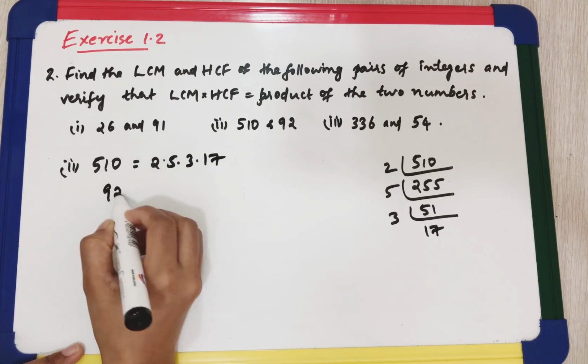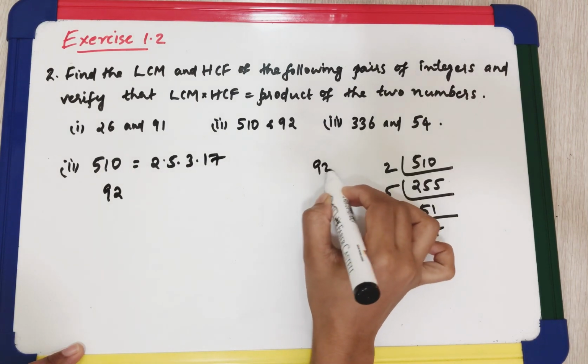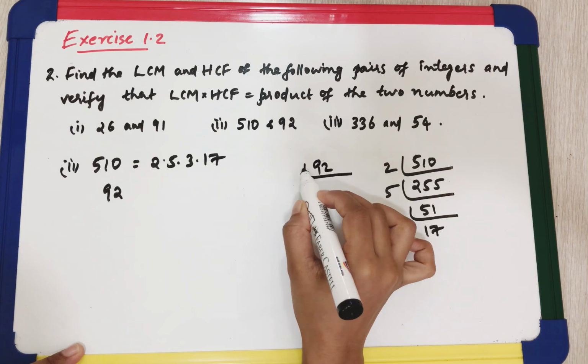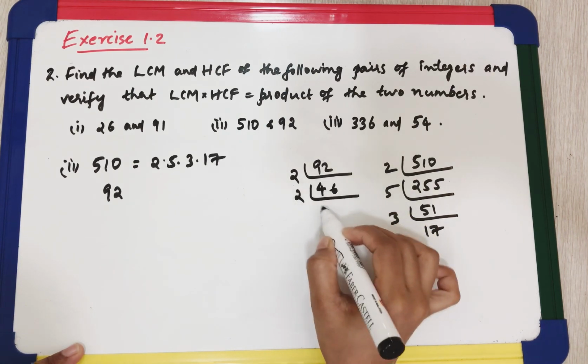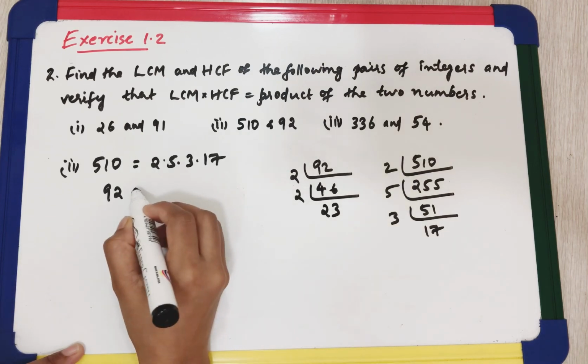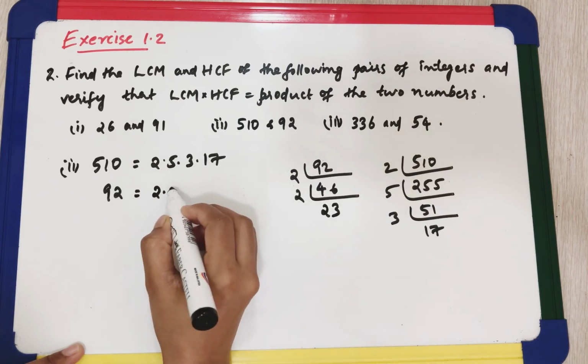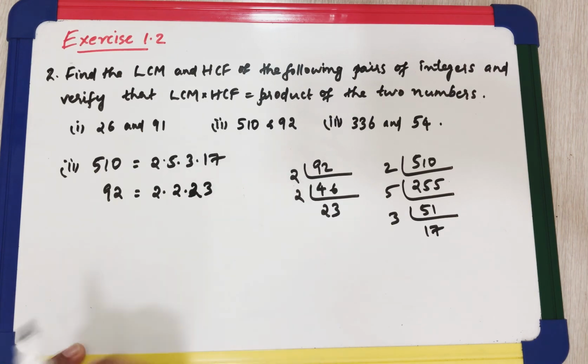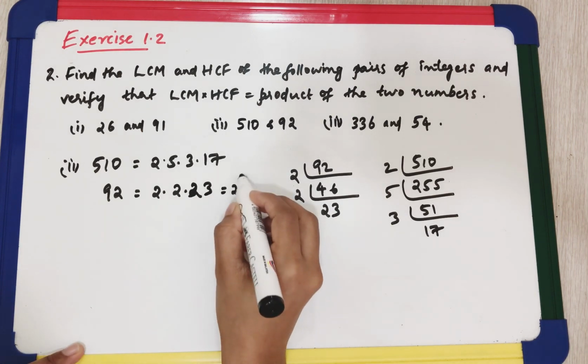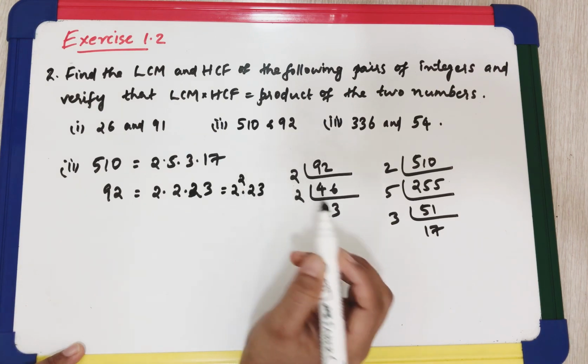And 92, the least prime factor is 2, which gives 46, again 2, 23. It is equal to 2 into 2 into 23, or 2 square into 23.